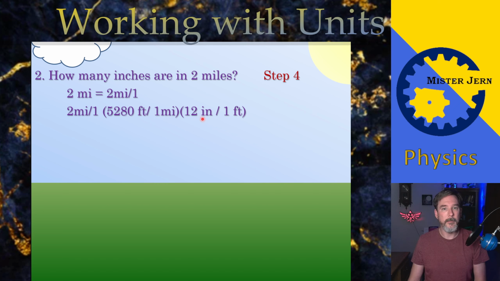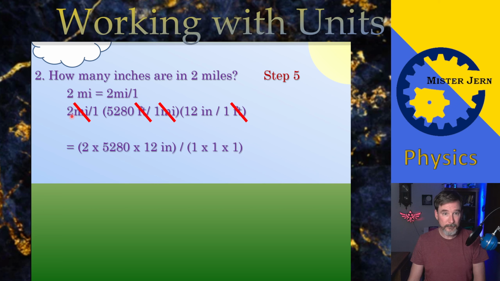I know there's 12 inches to 1 foot. If I had put the numbers in there first, I probably would have had things backwards. It would not have made sense. So always put the units in first and then put the numbers in. Because then you're in math land, and you can just cancel out what gets canceled out. Miles on top, miles on bottom, feet on top, feet on bottom. That's going to leave us with inches.